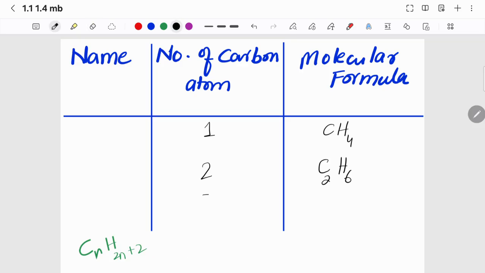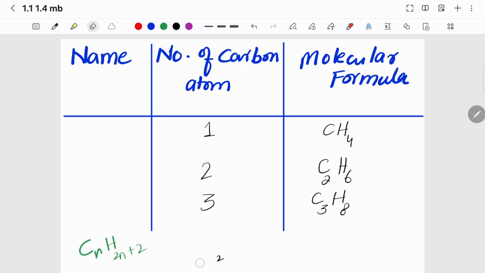Okay. Now if the carbon number is 3, so instead of N I will write 3, H2 into 3 plus 2, so it would be 6 plus 2, it would be 8. So in this way, having 3 carbon atoms, the molecular formula of alkane is C3H8.